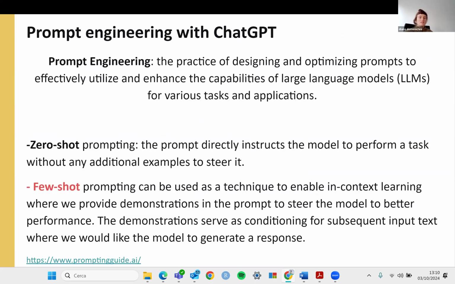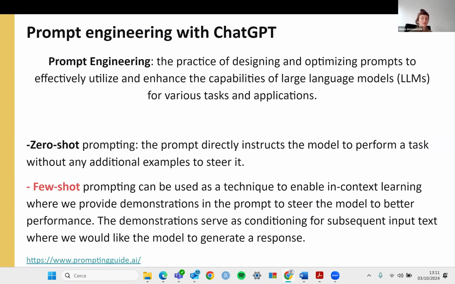And yeah, okay, the second method is prompt engineering using ChatGPT. Briefly, prompt engineering is the practice of designing and optimizing prompts in order to utilize the capabilities of large language models, and in this case, ChatGPT.